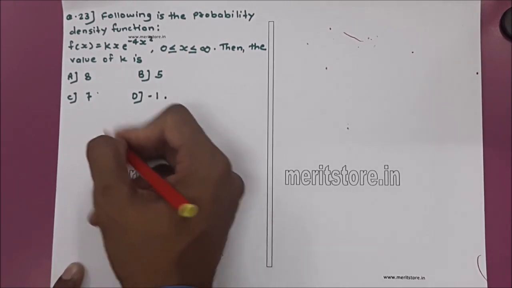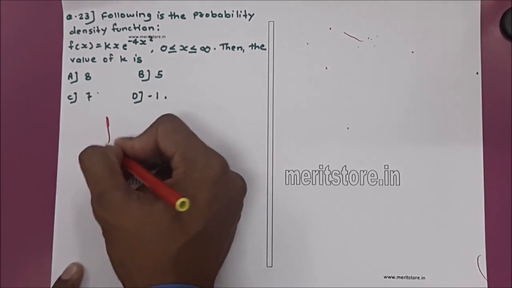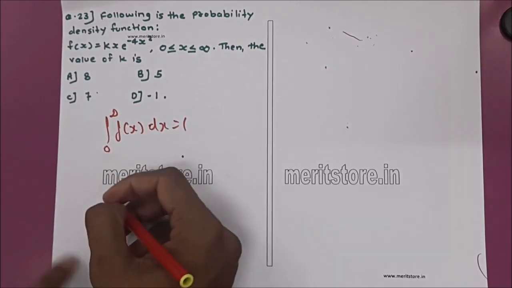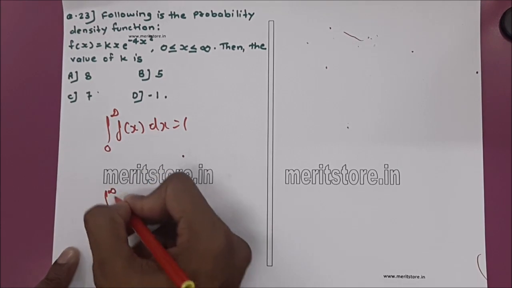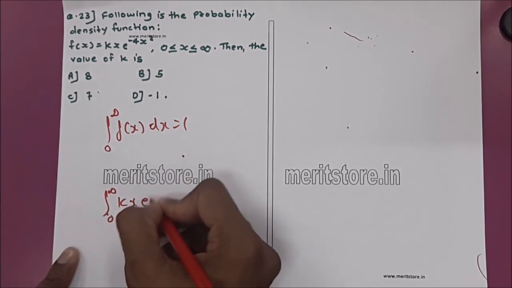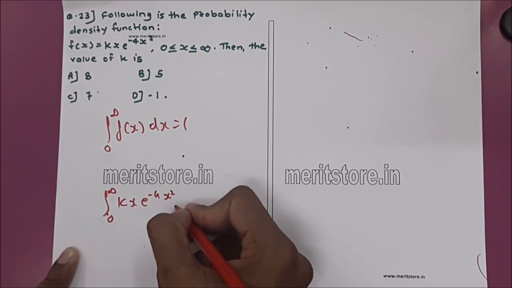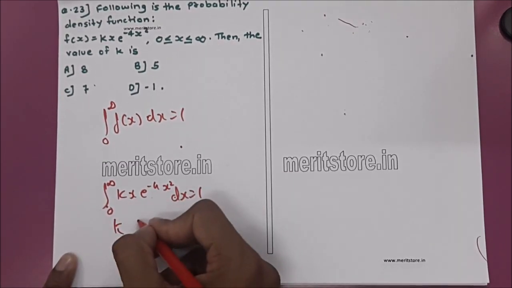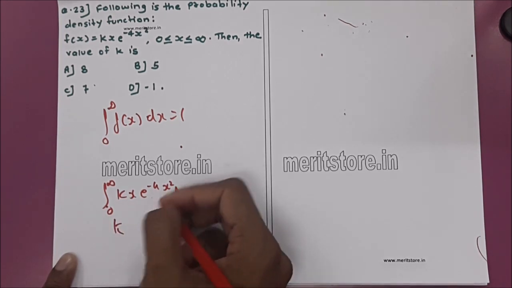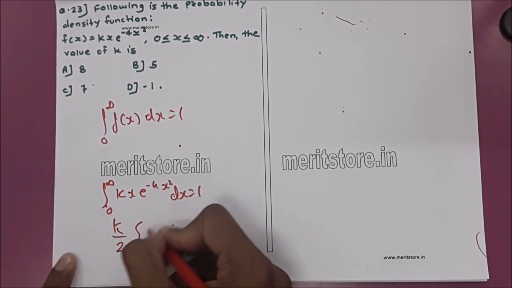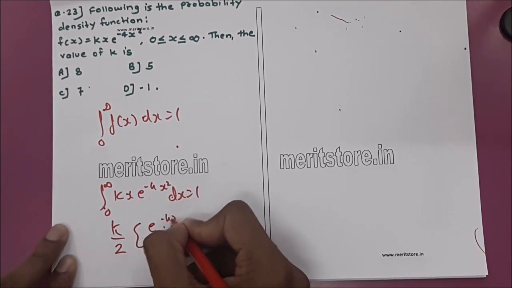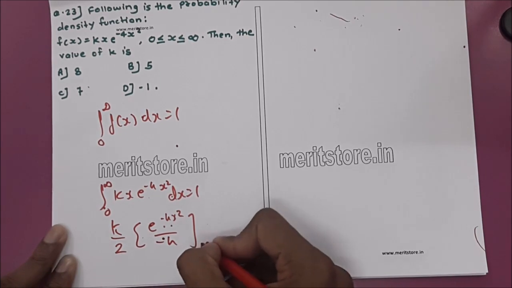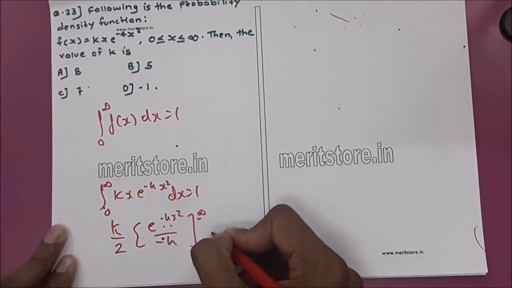So we have, for density function, integral from 0 to infinity of fx dx is equal to 1. So we substitute the value of fx, we get 0 to infinity k x e raised to minus 4x square dx is equal to 1. We solve this, we take k outside, we integrate e raised to minus 4x square, we get e raised to minus 4x square upon minus 4, from 0 to infinity, which is equal to 1.